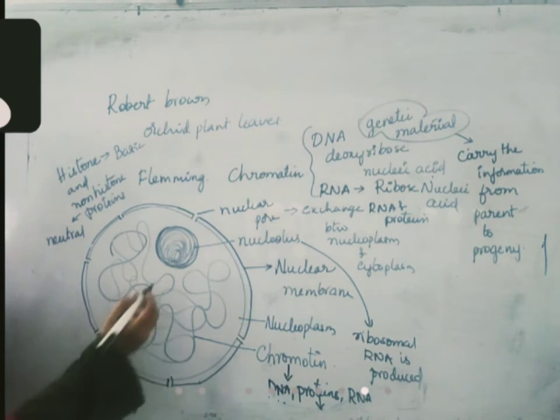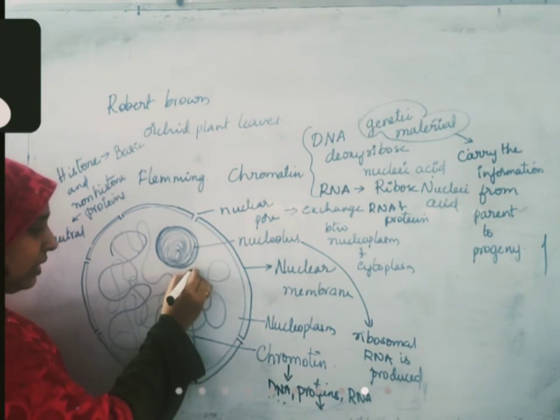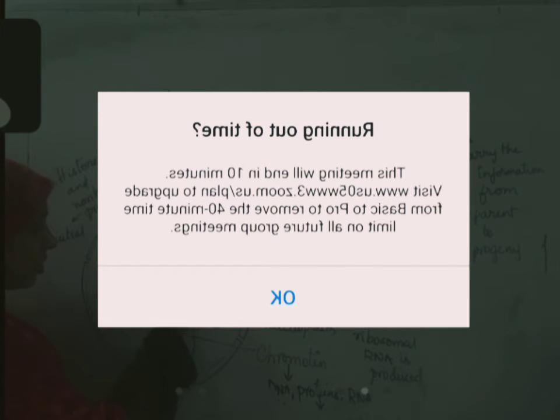When you observe chromatin, it has small bead-like structures. That means the total chromatin is made up of beads of DNA.